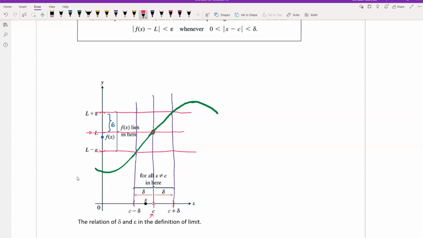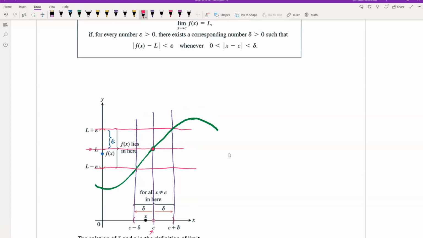And then based on what we have for epsilon, for every epsilon we're trying to find delta. So based on what I have here and the definition we have on top, for every number epsilon there exists a number delta greater than 0.